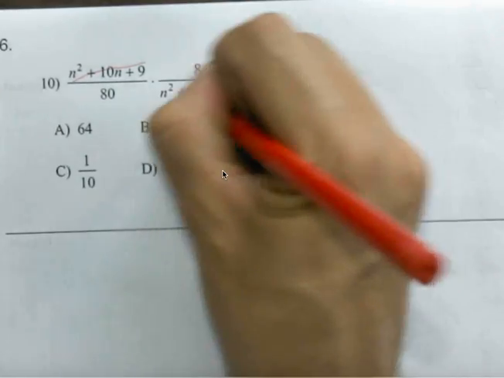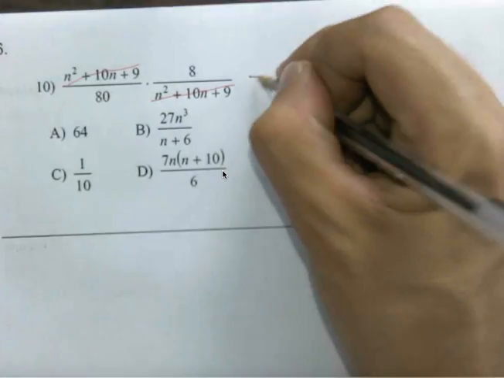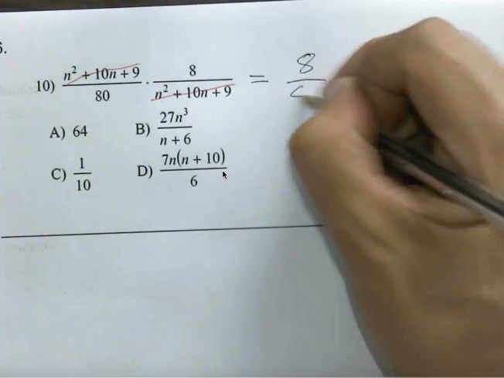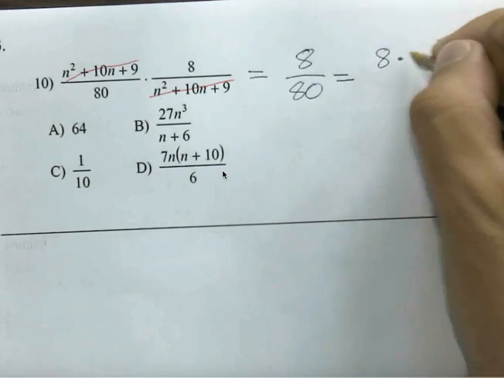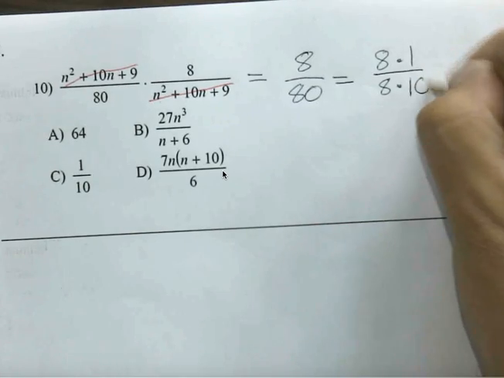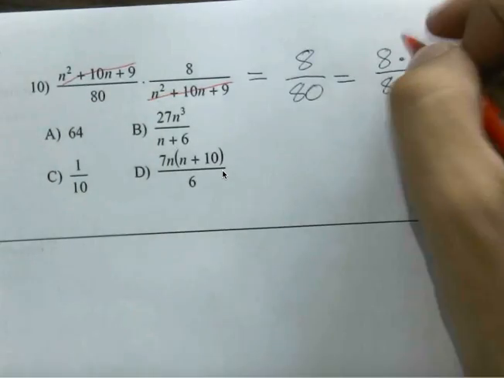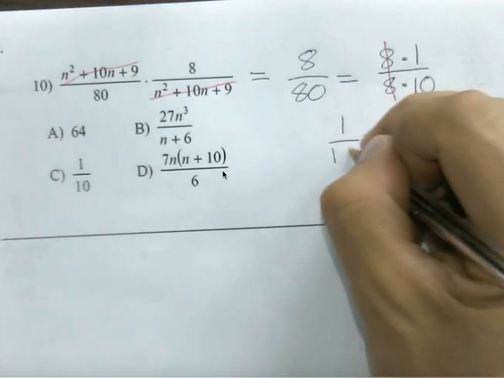Unless you want to factor them, in which case go right ahead, but they're just going to cancel. This eventually leaves you 8 up top, 80 in the bottom. 80 is divisible with 8 and 10. 10s can cancel. 1/10 is your answer here.